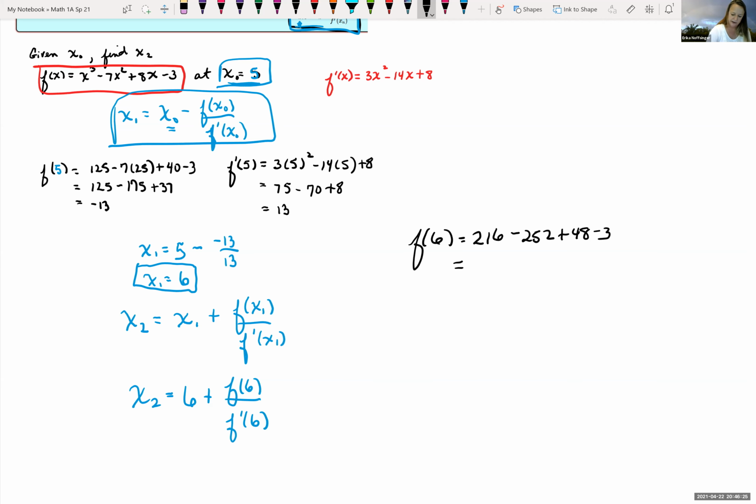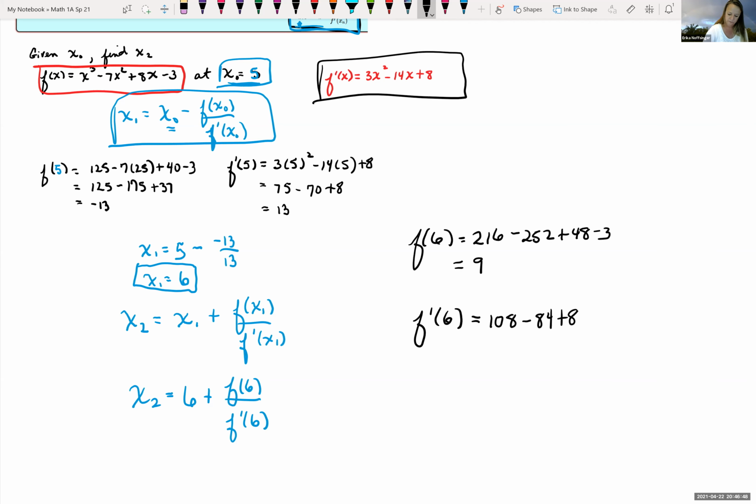Which gives us back 9. And f prime of 6. So 3 times 6 squared, 3 times 36, which is 108, minus 14 times 6, which is 84, plus 8. Which gives you back 32.